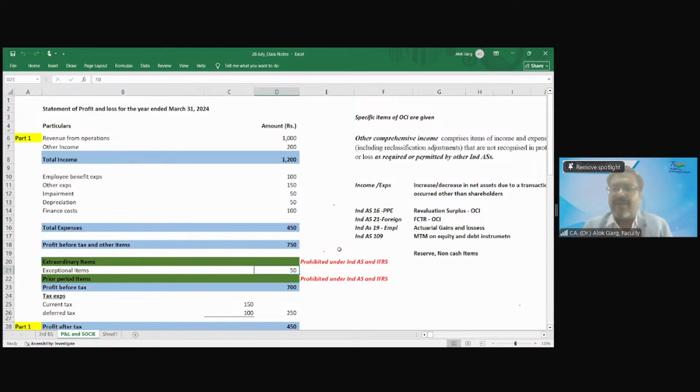But is the company's business to sell subsidiaries? No, the company's business is not to sell subsidiaries. But this year, the company has sold stake in a subsidiary and was able to earn 5,000 crores. So is this 5,000 part of your normal income or expense, or does it have to be shown as an exceptional item?